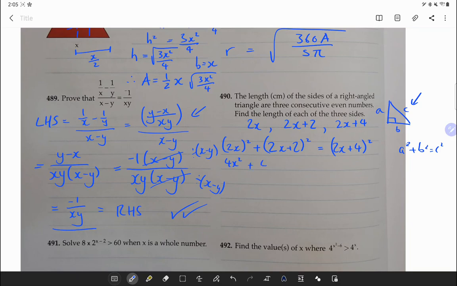This is 4x squared plus 8x plus 4. This one is 4x squared plus 16x plus 16.